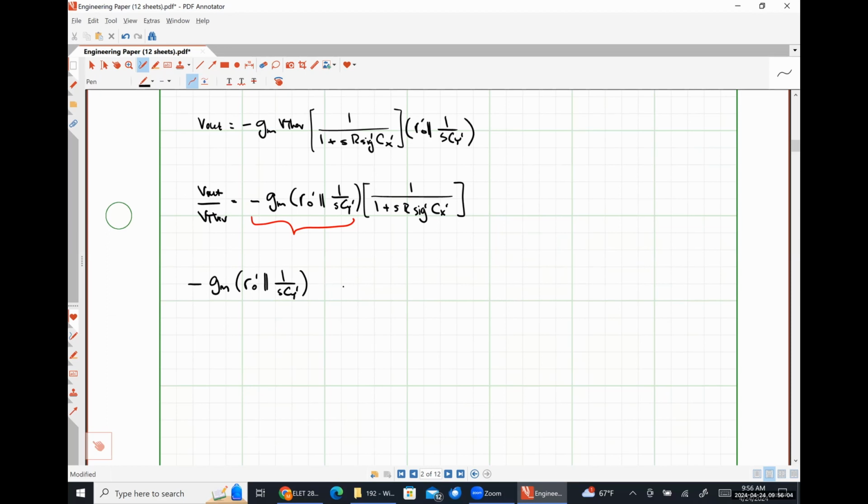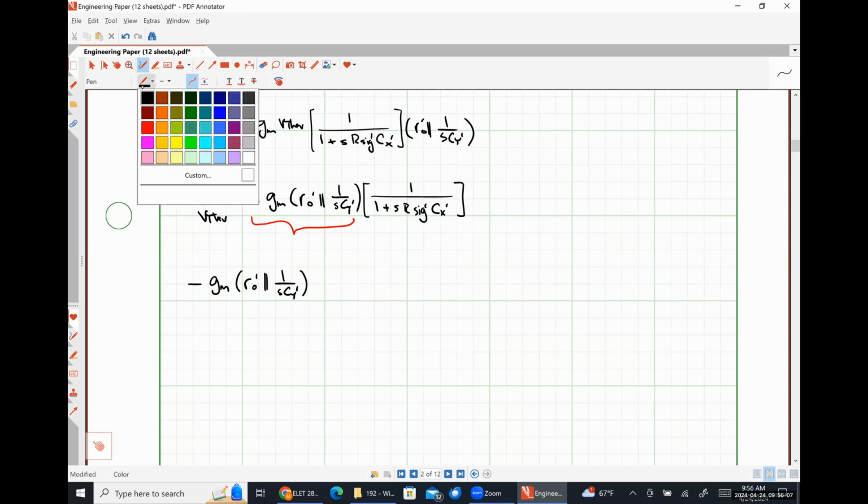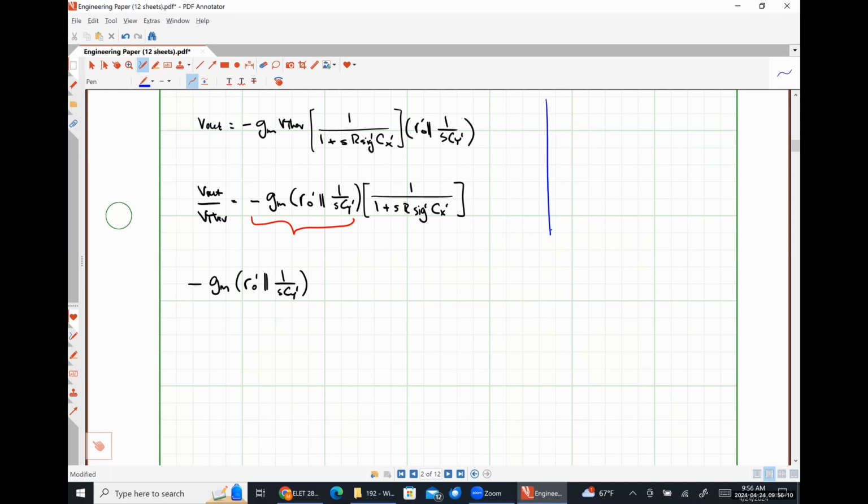So whenever I have, let me do this over here in blue, R in parallel with a capacitance, that's just R over SC divided by R plus 1 over SC, which is R divided by 1 plus SRC. My algebra there is correct, right?